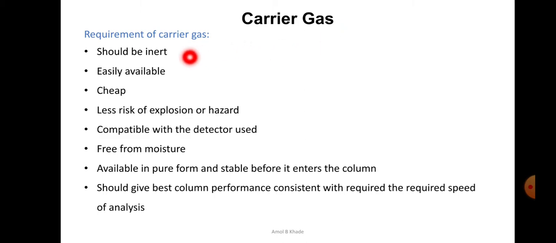It should be inert. It should not chemically react with your sample or the stationary phase. It should be easily available. It should be cheap, and it should have less risk of explosion or hazard, because handling gases is quite difficult. So we should not use any explosive gases.